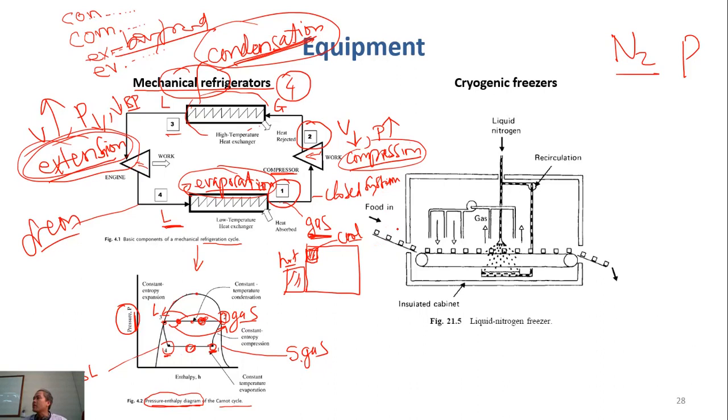Okay, now the question. Which one, 4 to 1 or 2 to 3, is in this part of the air conditioner? What do you think? I make it larger here so you can see. Your air conditioner at home has two ports, right? These two ports are connected together by how many pipes? 2.